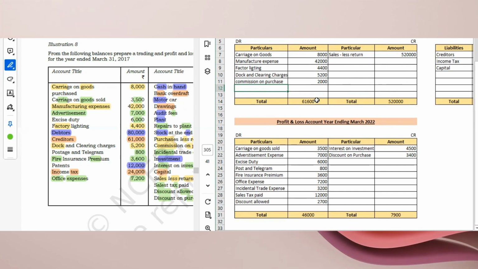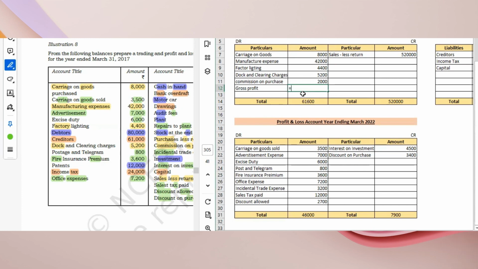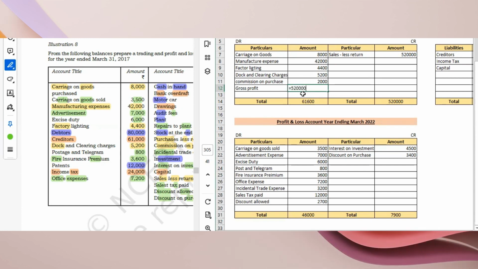If your sales are more than your expense, then it is a profit, right? So what is this profit? This is called gross profit, directly linked to the sale of my product minus the manufacturing of that product. So 520 minus 61,600.